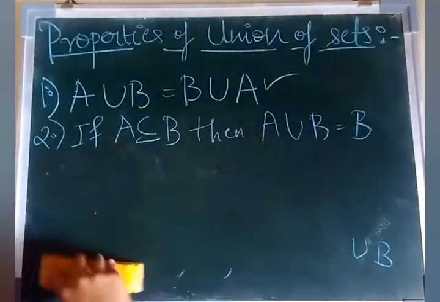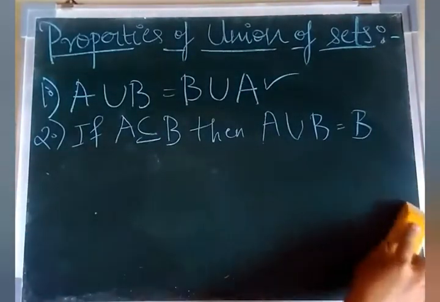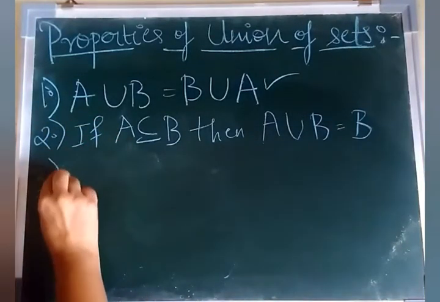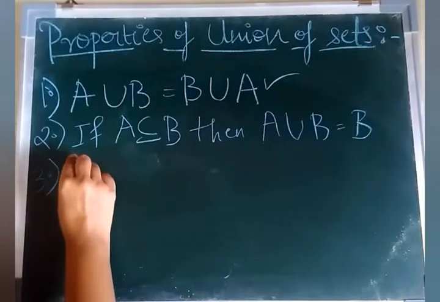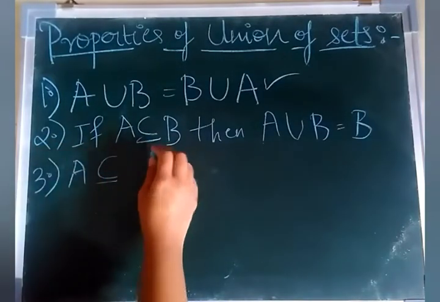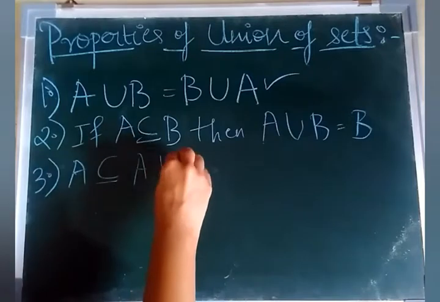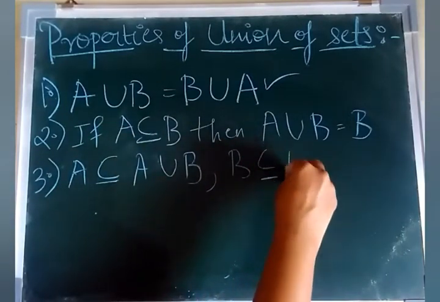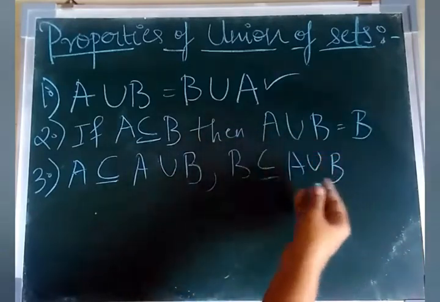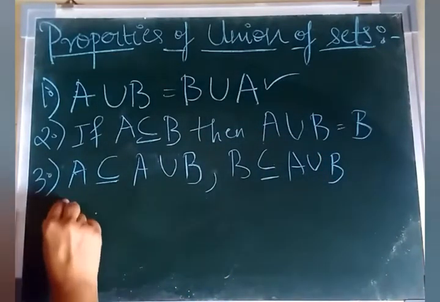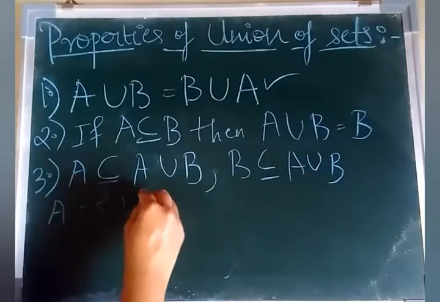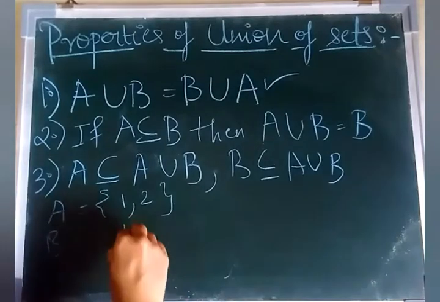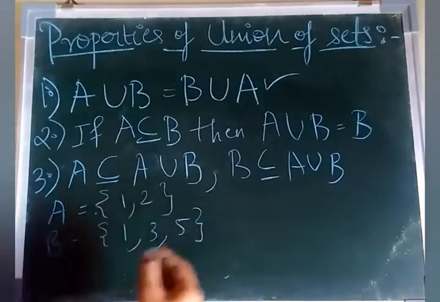Let's see the next property. A is a subset of A union B and B is a subset of A union B. Suppose A is {1, 2} and B is {1, 3, 5}.